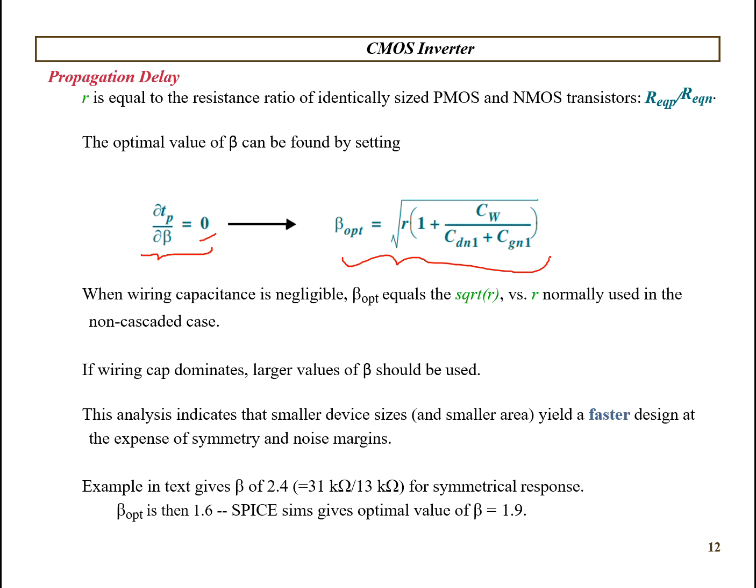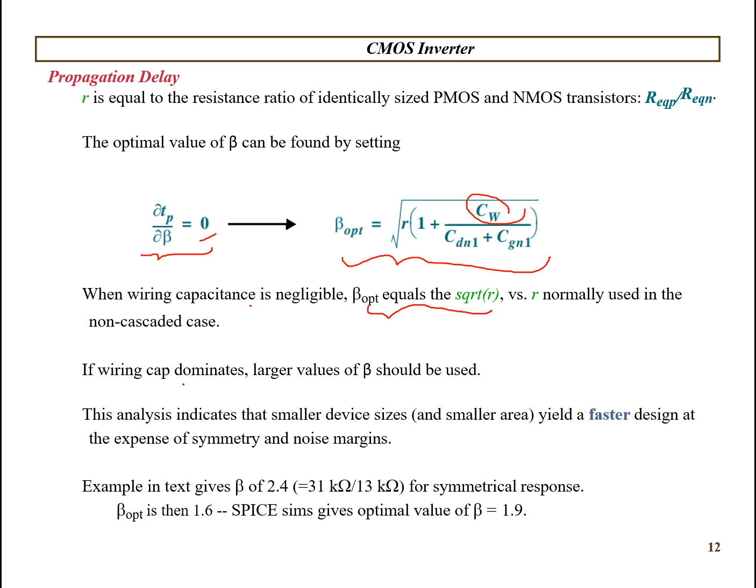So beta optimal is equal to square root of R into (1 plus CW divided by (CDN1 plus CGN2)). Here, when wiring capacitance is negligible, beta optimal is equal to the square root of R, where R is normally used in the non-cascaded ranges.